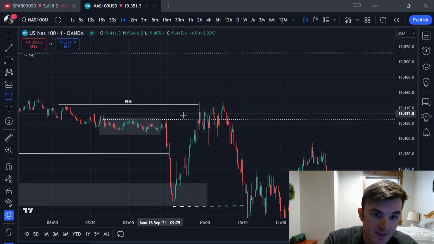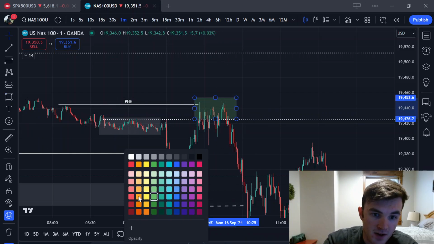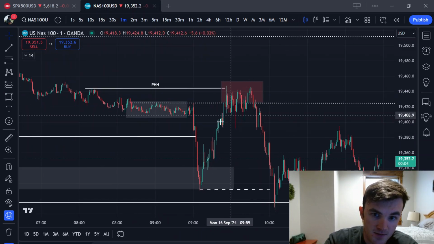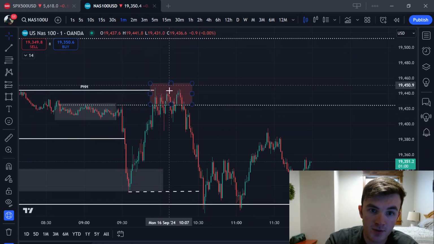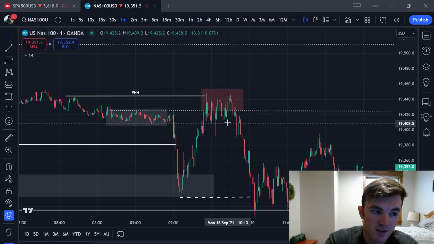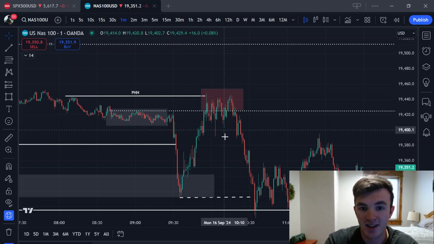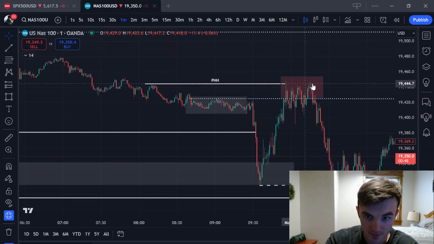But this is where you're looking for a continuation to go short, right? So manipulation up above the New York True Open, sweeping. Right when you see this previous hour's high get swept like this, you know something's up, that we're likely gonna go and target this low.